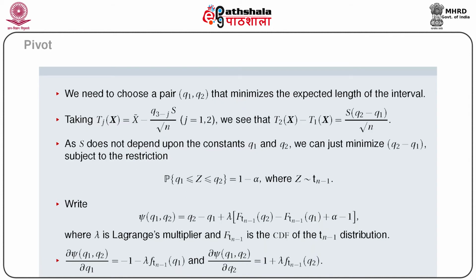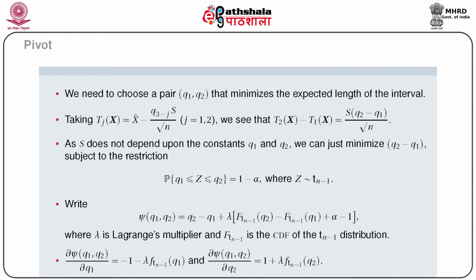After some algebraic manipulations, we get the probability under mu, sigma of X bar minus q1 into S divided by root n less than or equal to mu less than or equal to X bar plus q2 into S divided by root n is equal to 1 minus alpha. Therefore, T1(X) equals X bar minus q1 into S by root n and T2(X) equals X bar plus q2 into S by root n.